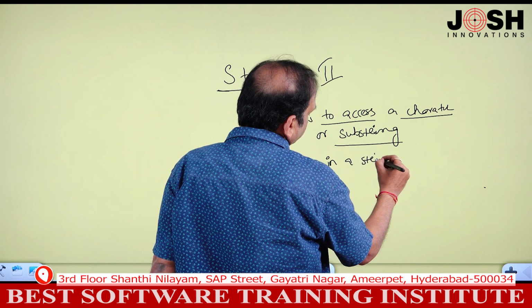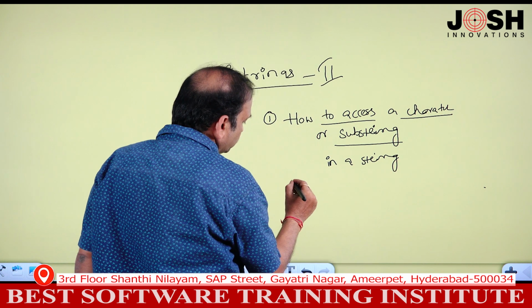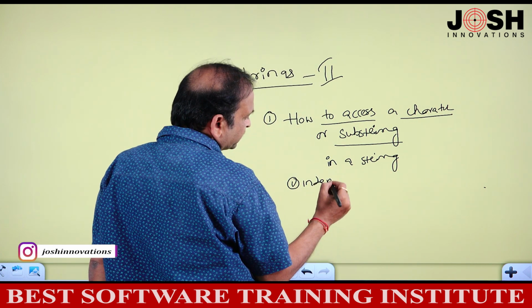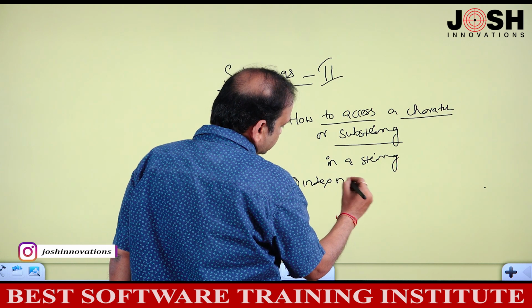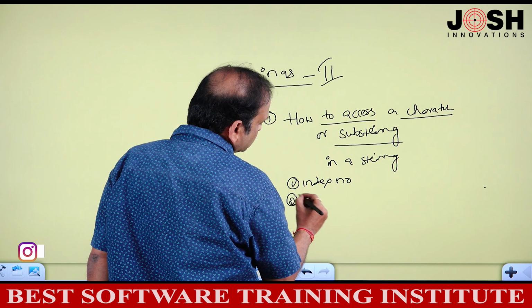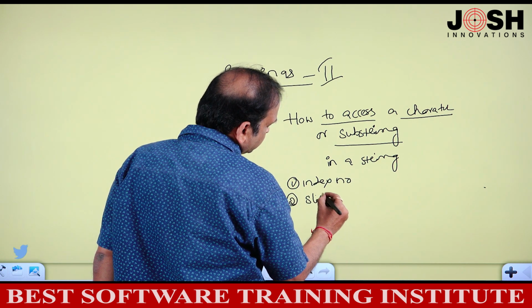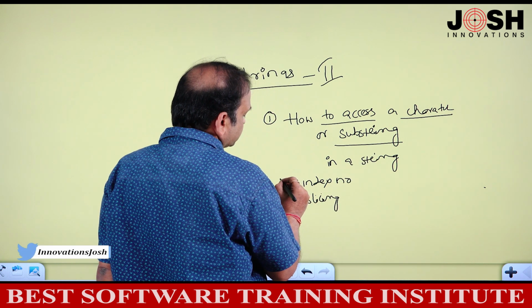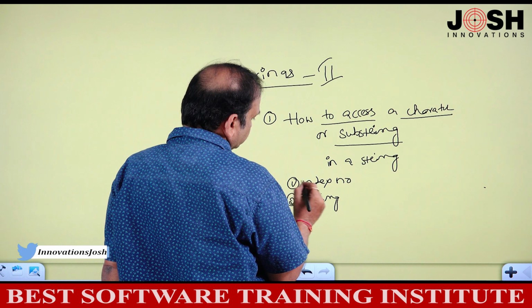If you want to access a single character, we use the index number. Second, we used slicing. By slicing, we access a substring in a string. This we discussed in previous videos.